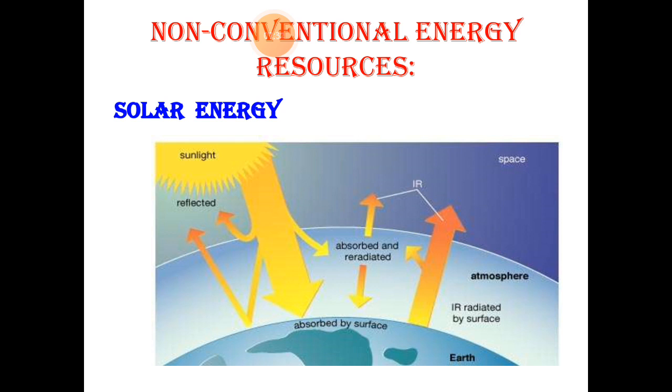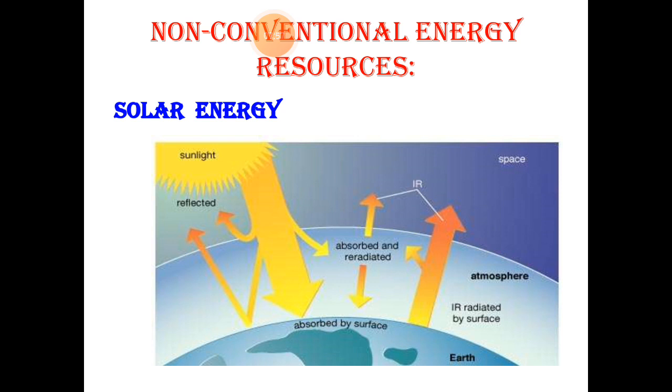It emits solar radiations. These solar radiations encompass ultraviolet, visible and infrared light radiations in it. We receive this sunlight nearly 360 days of a year.